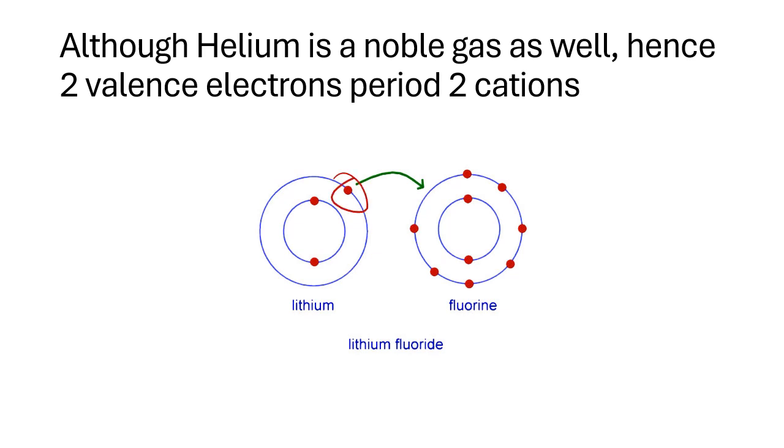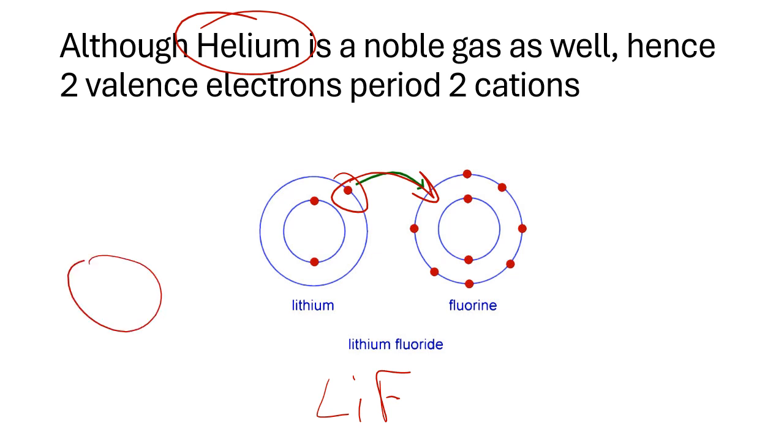It has 1 valence electron. It wants to lose 1, fluorine wants 1, and that's why we form lithium fluoride. The reason why I made this slide is lithium underneath that has 2 valence electrons. So things like in period 2, or hydrogen later on with covalent bonds, 2 is enough because helium has 2, and helium is a noble gas.